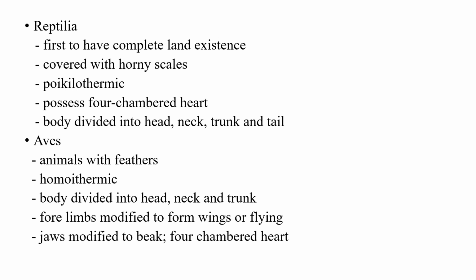And they have a four-chambered heart. That is, the heart is developed into four different chambers. So if you look at this, the modification of forelimbs to form wings, for example, is a way to make the body lighter, so that they will easily float in the air, and flying will be easier for this group of animals.